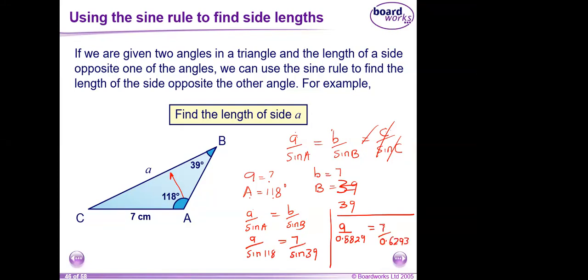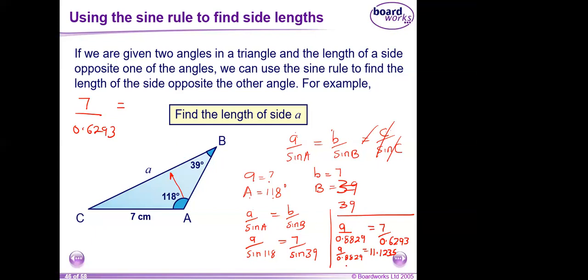Now can we divide 7 divided by 0.6293? You get 11.1235.